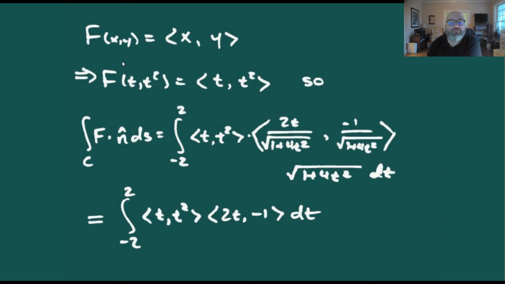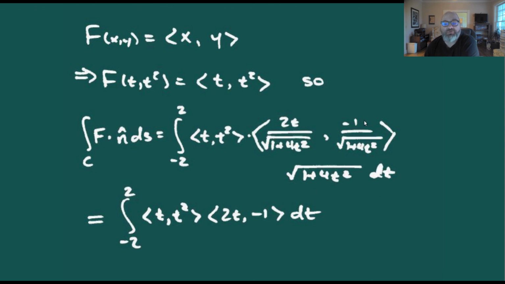If we evaluate our vector field along the curve, x is t and y is t squared, so we get ⟨t, t squared⟩. Plugging all of those into our flux integral gives us the integral from -2 up to 2 of ⟨t, t squared⟩ dotted with our unit normal, ⟨2t, -1⟩ over the square root of 1 plus 4t squared, times the square root of 1 plus 4t squared dt, being our ds.